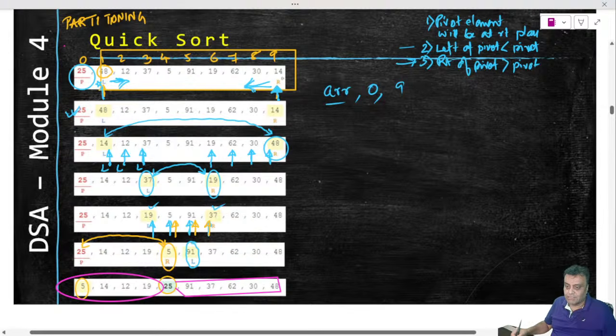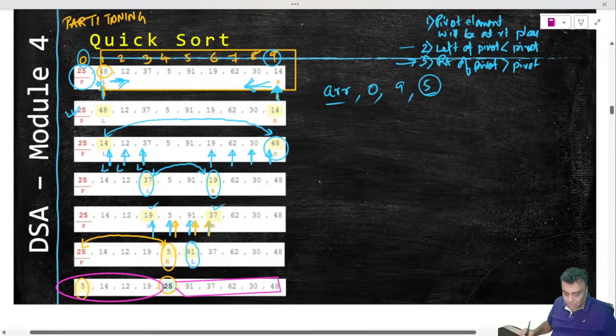This index, 0 is the lower bound, 9 is the upper bound. And if somebody tells me the position of my pivot is 5, then let me see if 5 is right or not.